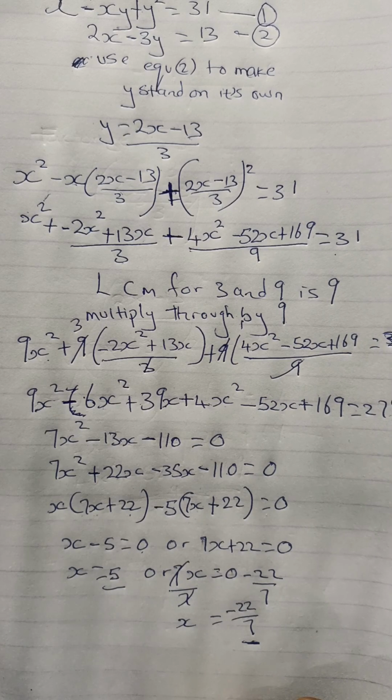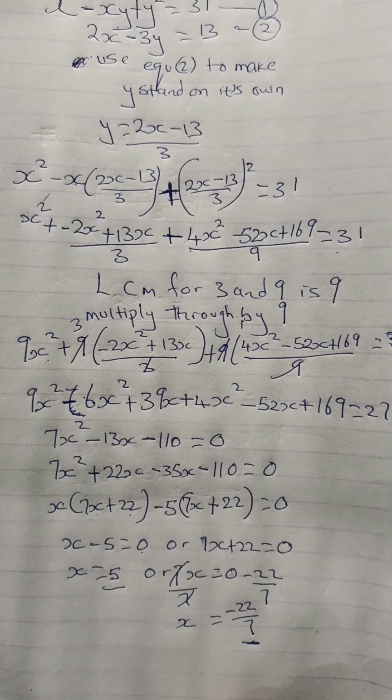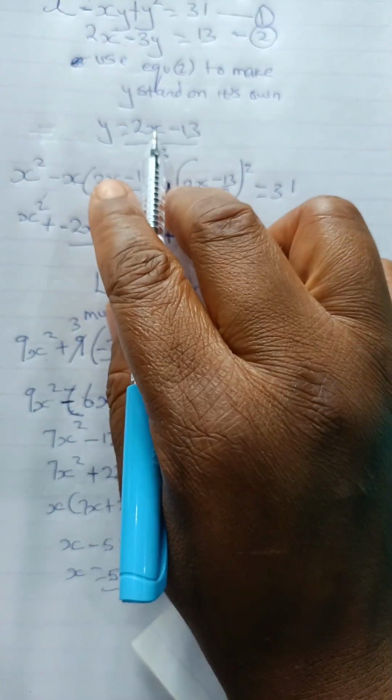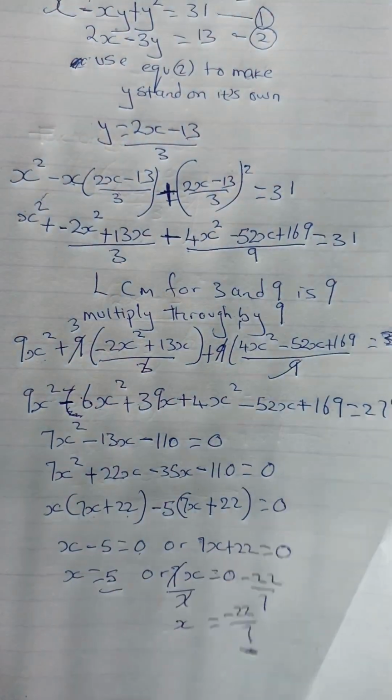So after we're done with this, let's solve for our y. We've gotten our s. Time to solve for our y. Let's not forget that our x is equal to 5 and s is equal to minus 22 over 7. Let's not forget also that our y, when we made y standard, we had 2x minus 13 over 3.